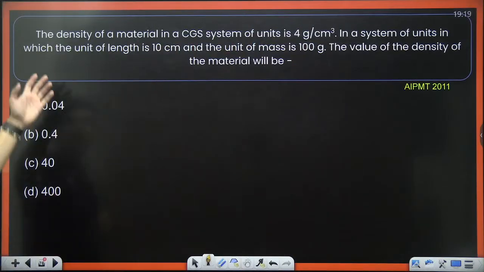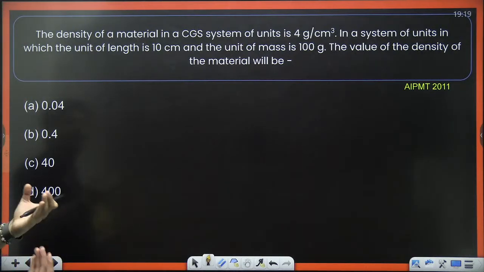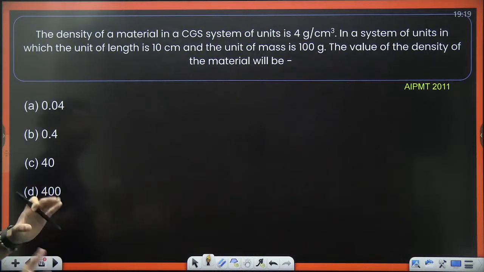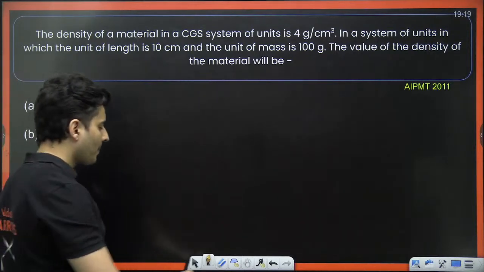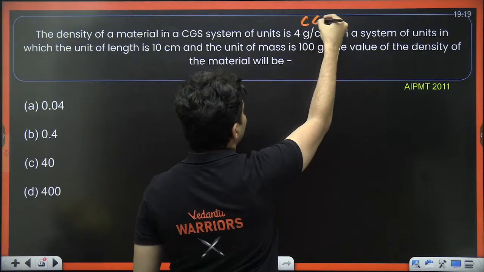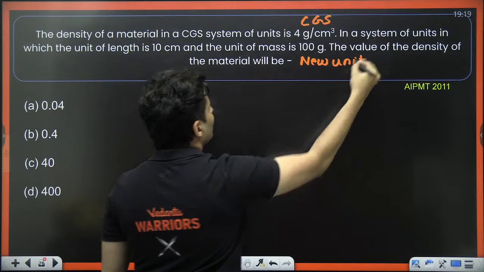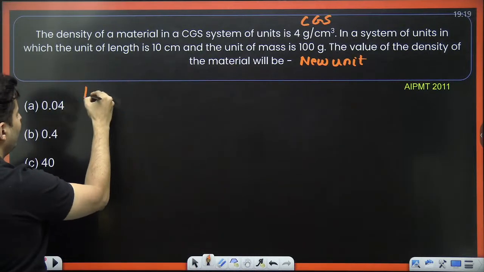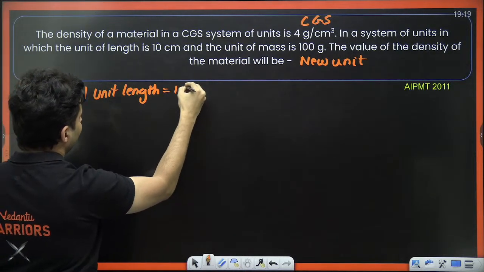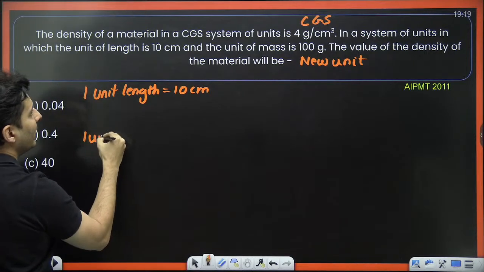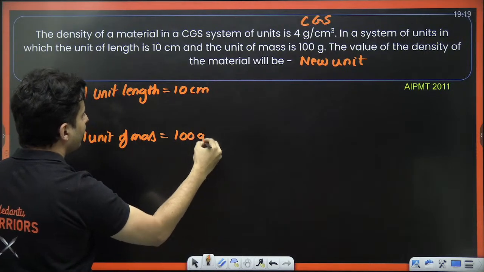Let's solve some questions. AIPMT 2011 question. In a system of units where the unit of length is 10 centimeter and the unit of mass is 100 gram, the value of density of the material in that unit will be... So we have a CGS unit and we have a new unit. In that new unit, one unit of length is 10 centimeter and 1 unit of mass is 100 gram.